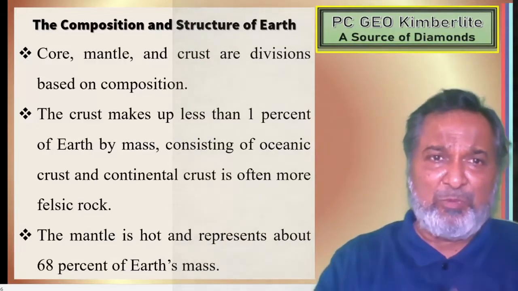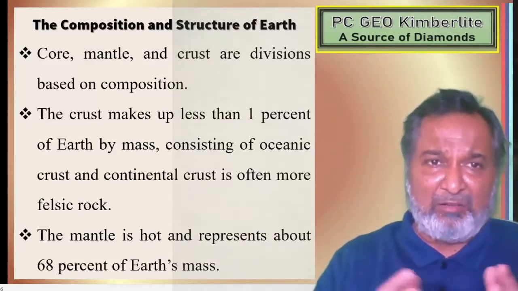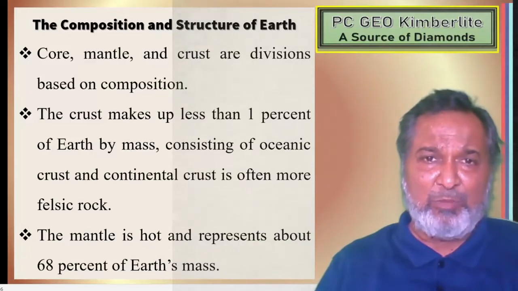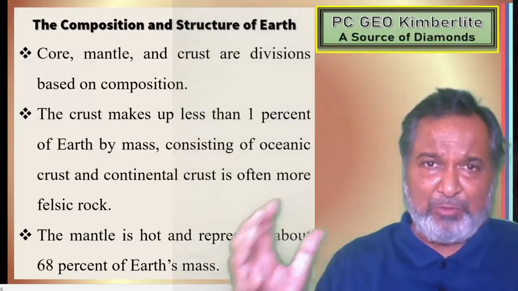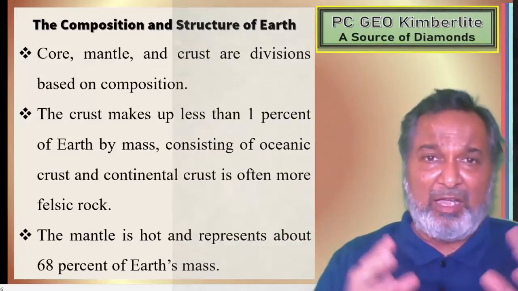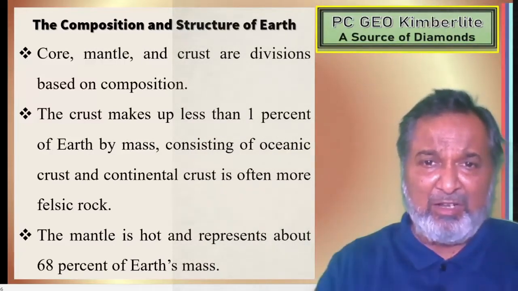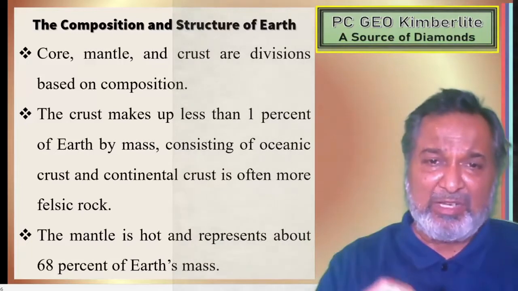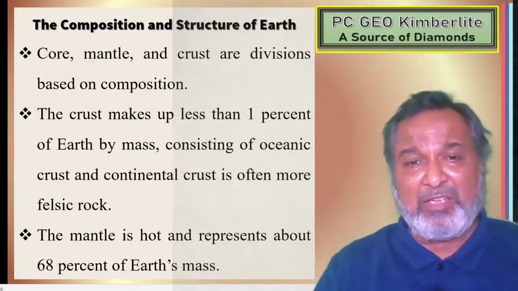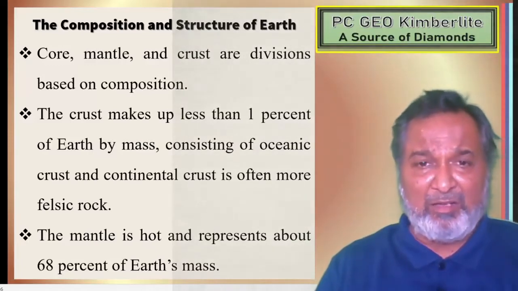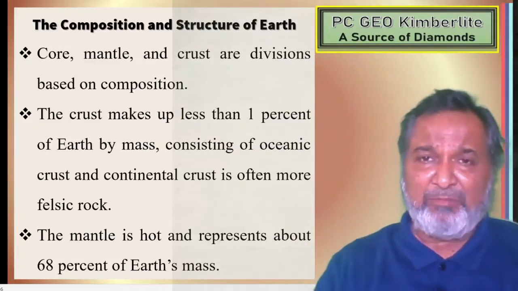Whereas the next we have is the mantle, which extends from 40 to 45 kilometers onwards to 2995 kilometers. It is a huge layer. If you compare the volume, the mantle is 65% of the earth mass, and it is the hot one.